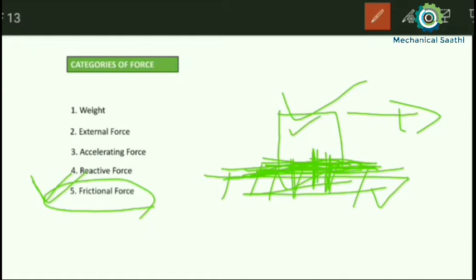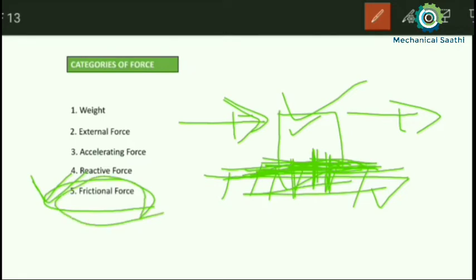Suppose I am not giving any force, or at a single time I am giving force. What will happen after some time? It will come to rest. Due to what? Due to frictional force.